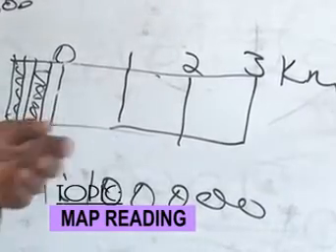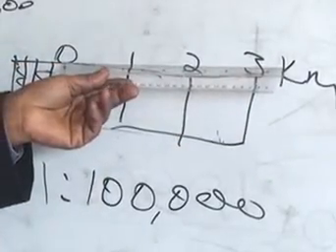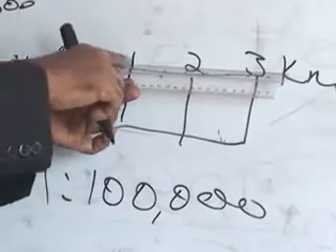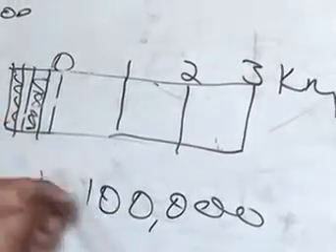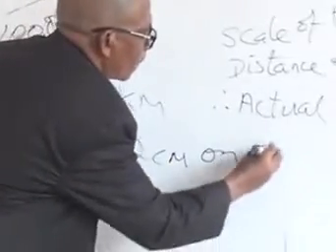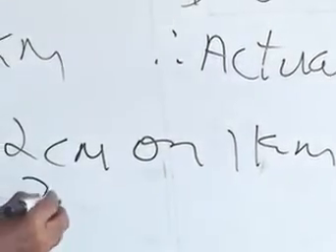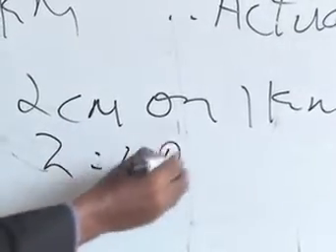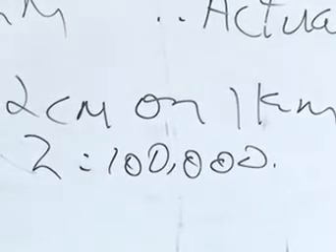After you put your ruler, and your ruler measures 2 cm on 1 kilometer, it means the scale of the map is 2 to 100,000.